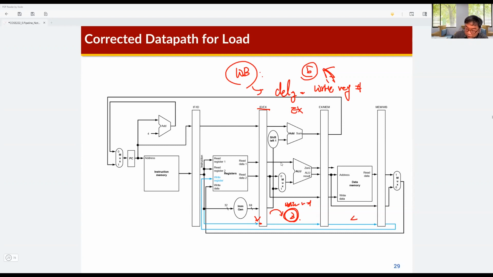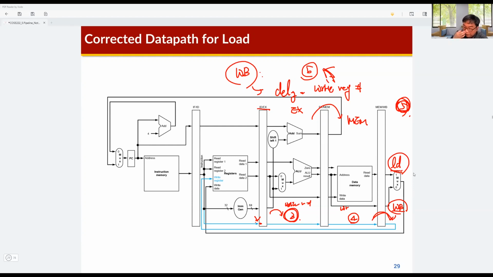Then at clock cycle number 4, it's propagated to the memory stage. And then at clock cycle number 5, it is propagated to the write back stage, and at this time the result of the load instruction is also generated, and this will be returned back to the register file.